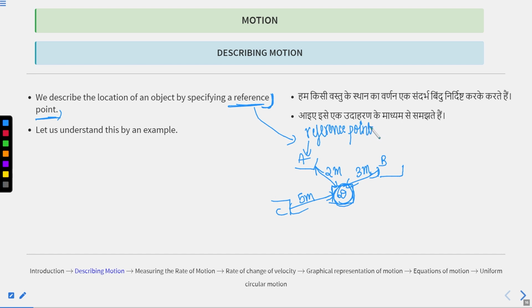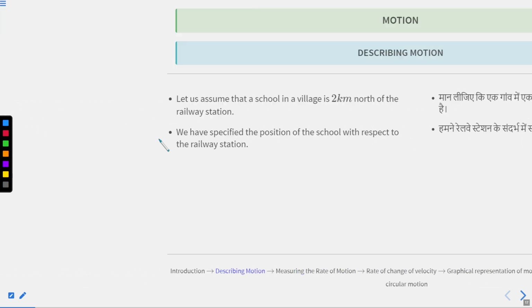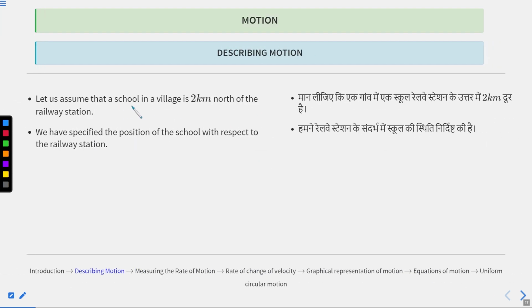Let's understand this with an example of a railway station and a school. Let's assume that a school in a village is 2 kilometers north of a railway station. This is a railway station, and the school is 2 kilometers away. So how are we measuring the distance of the school?